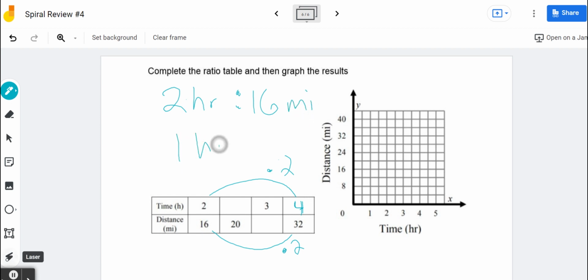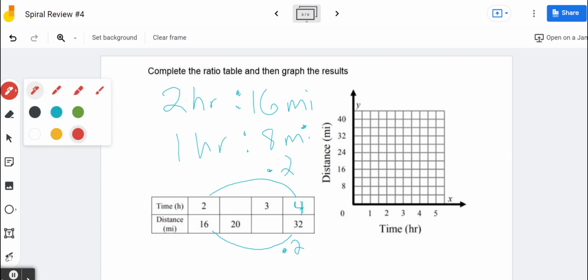So what happens in 1 hour? Well, that's pretty easy. That's 8 miles. 16 divided by 2. Now I'm going to squeeze this in here. 1, 8. That's the rate. Now this should be super easy.